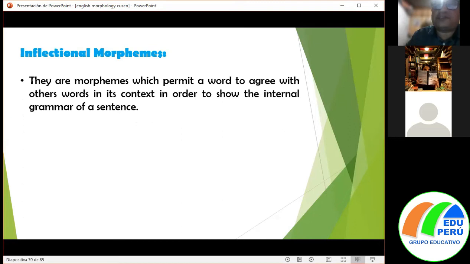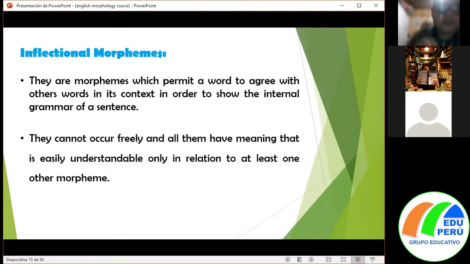They are morphemes which permit a word to agree with other words in its context in order to show the internal grammar of a sentence. This is an inflectional morpheme. So we are going to show agreement with other words to show the internal grammar of a sentence.